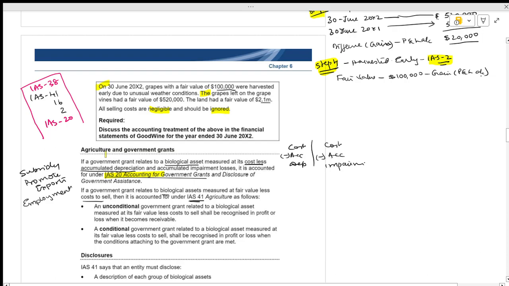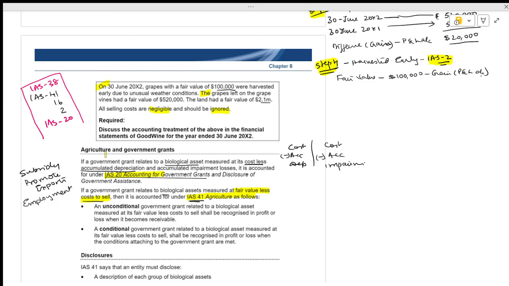There are two different things here. One, cost less accumulated depreciation or cost less accumulated impairment, then it has to be done under IAS 20. If it is measured at fair value less cost to sell, it has to be accounted under IAS 41.